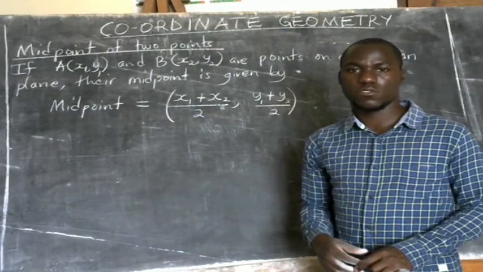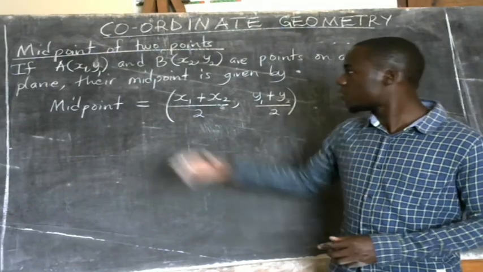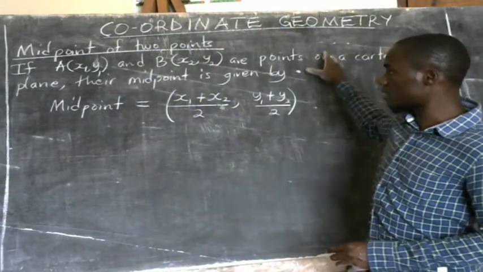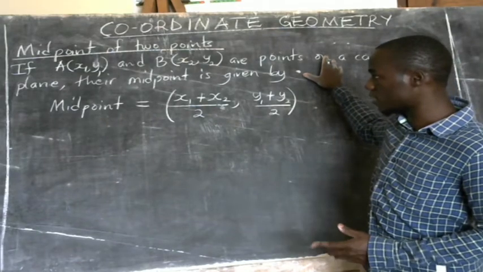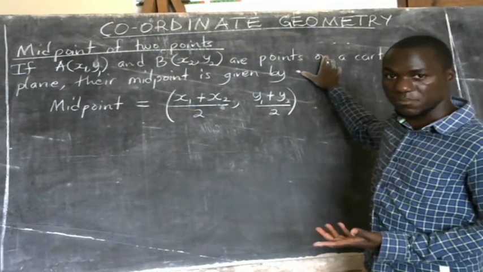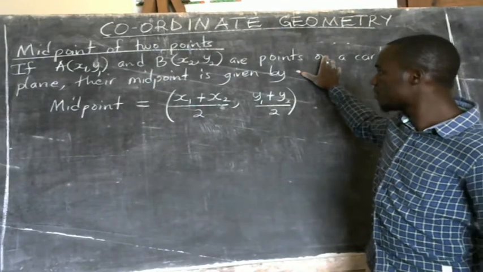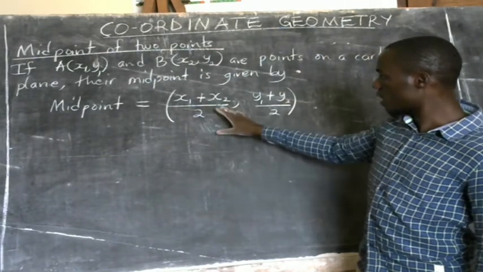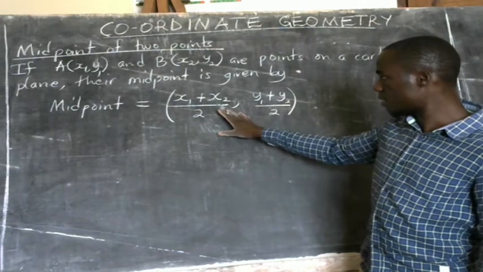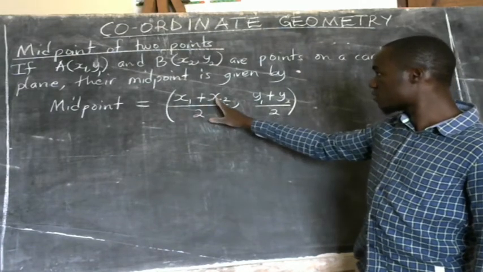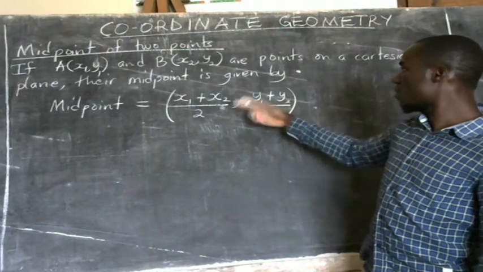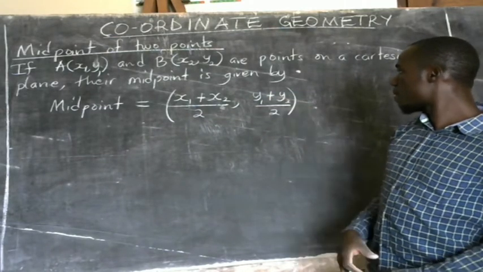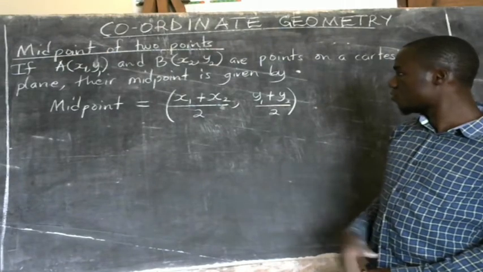We can talk about the midpoint. If we have A and B with such coordinates, as points on the Cartesian plane, and the Cartesian plane is the XY plane, the midpoint of A and B is given by the formula here: x1 plus x2 divided by 2, comma, y1 plus y2 divided by 2.